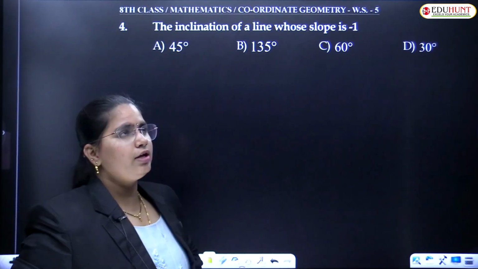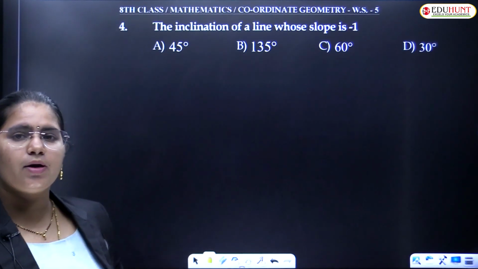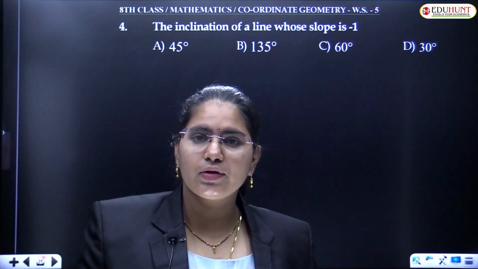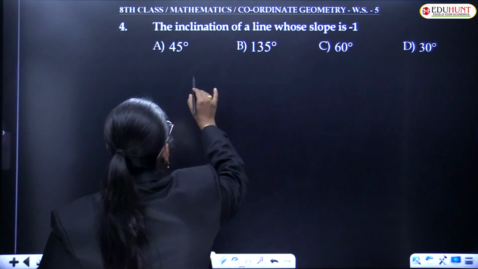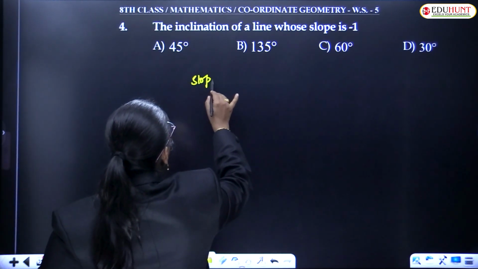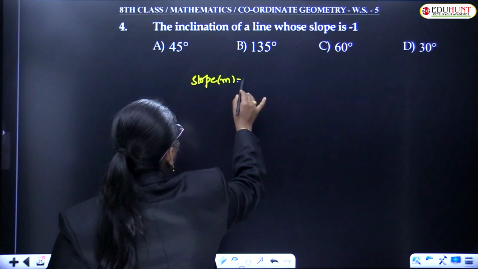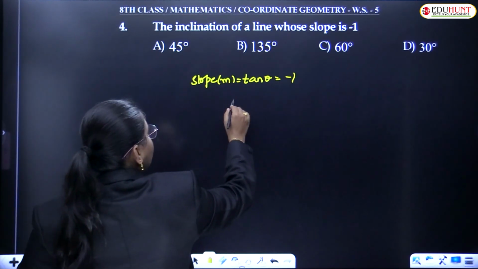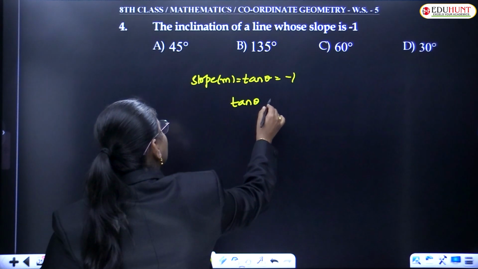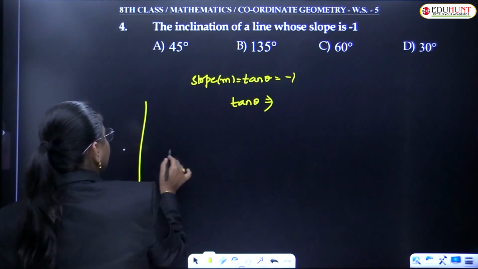The inclination of a line whose slope is equal to minus 1. It is given as minus 1 here. So slope m is equal to tan theta, which is equal to minus 1. In which particular quadrant does tan become negative?